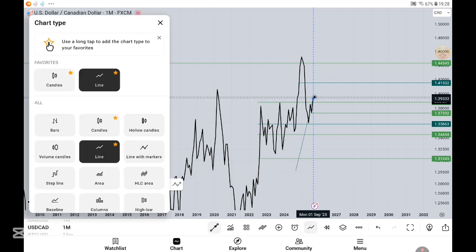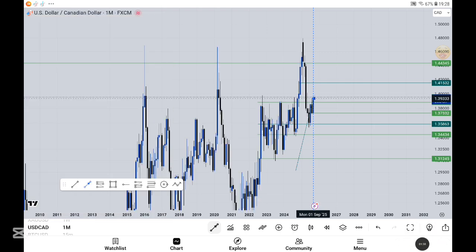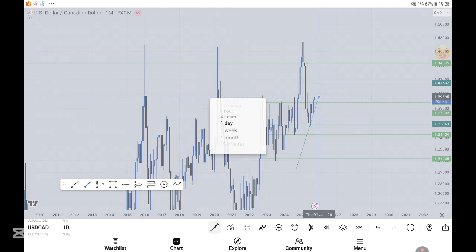So we're going to move to the candlestick chart, and then to the weekly time frame.